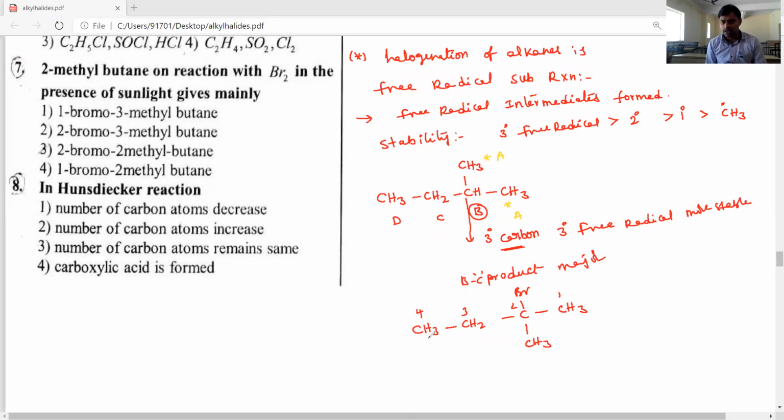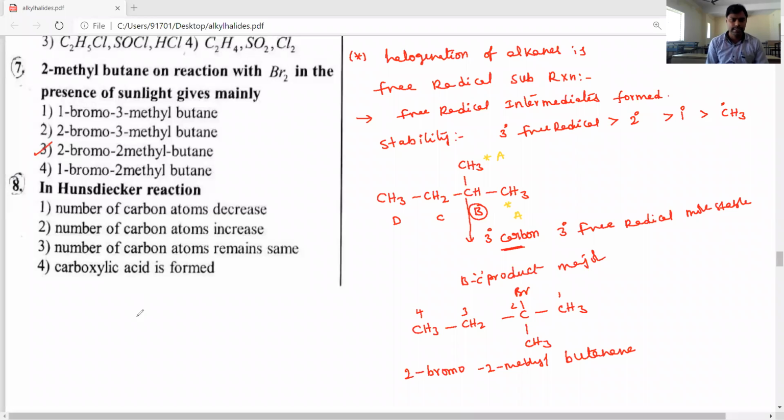According to alphabetical order, bromine comes first. That's why its name is 2-bromo-2-methyl butane, which is the major product. Third one is the correct answer.